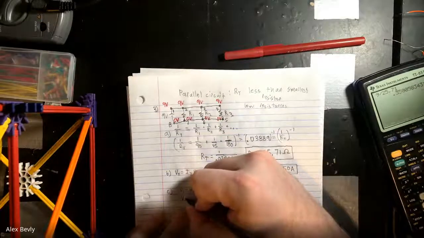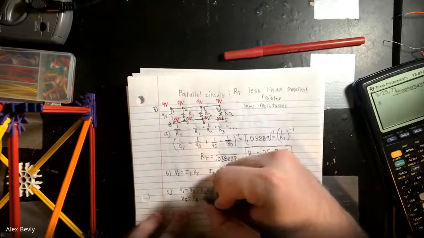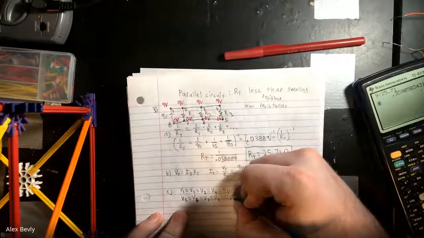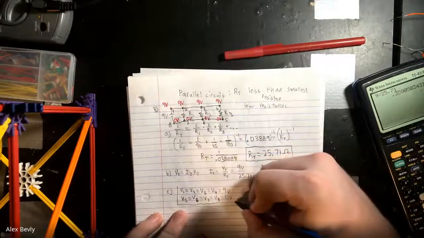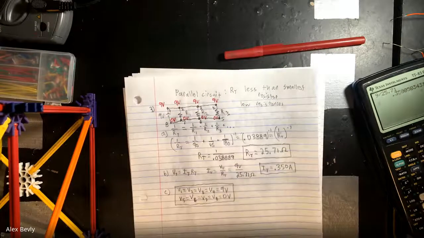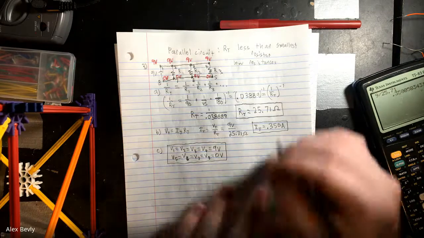And then the voltage at 5 equals the voltage at 6 equals the voltage at 7 equals the voltage at 8, all 0 volts. So that sets up our voltage drops pretty easily.